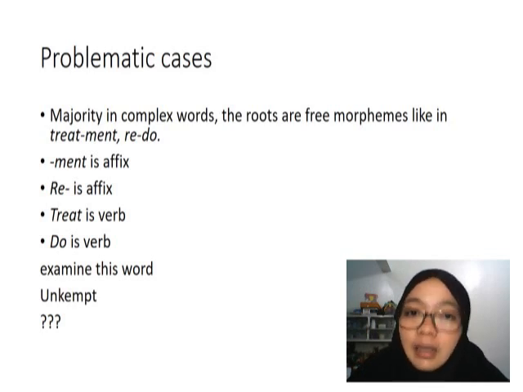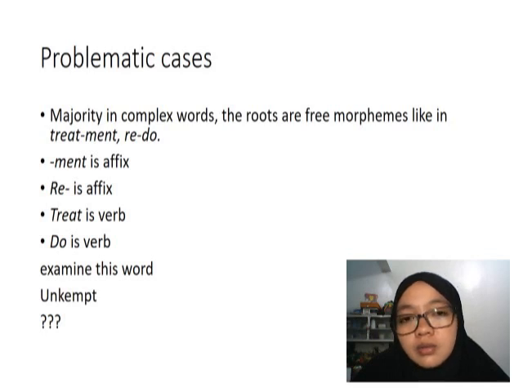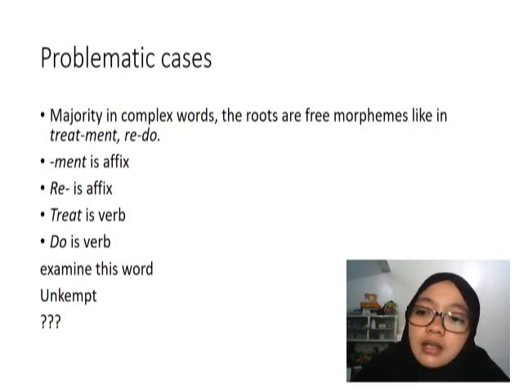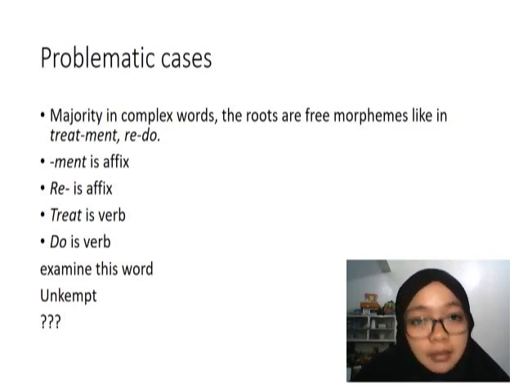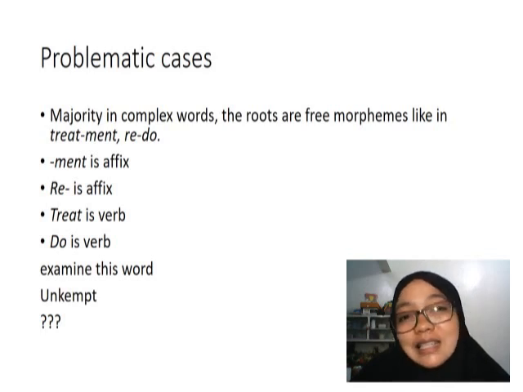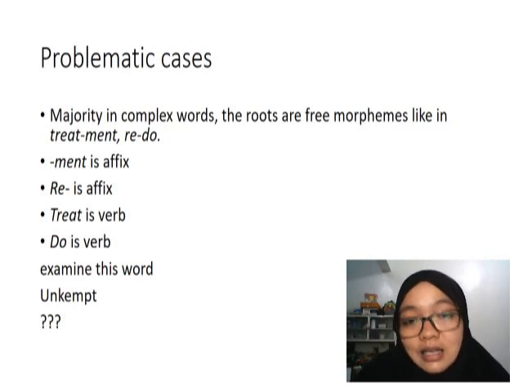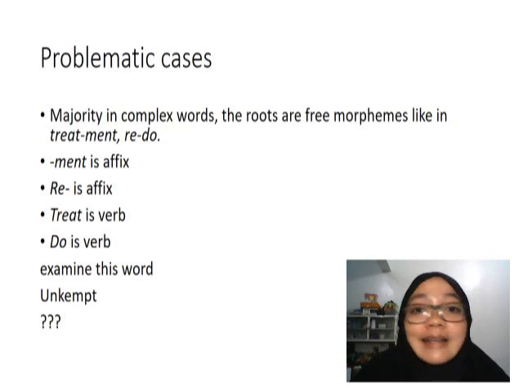What about unkempt? Do you think that unkempt consists of an affix and a root? Is it okay to say that unkempt consists of two morphemes, the affix un and kempt? It sounds like yes. Un is the affix, kempt is the root itself, but it is wrong. This is the problematic case.